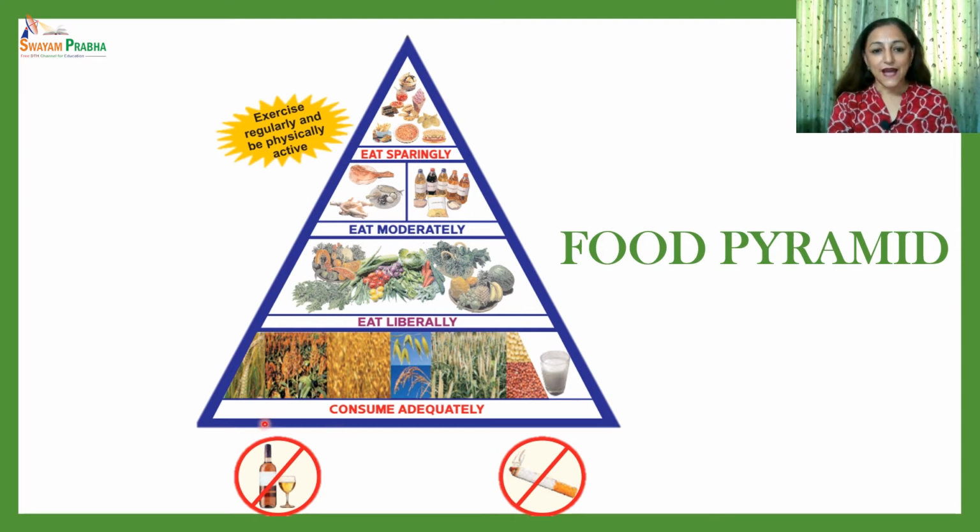And at the last of this pyramid, we can see some warning signs. They are against smoking and drinking alcohol, and it recommends that people should abstain from both of these. That means drinking and smoking are going to be harmful for our health.